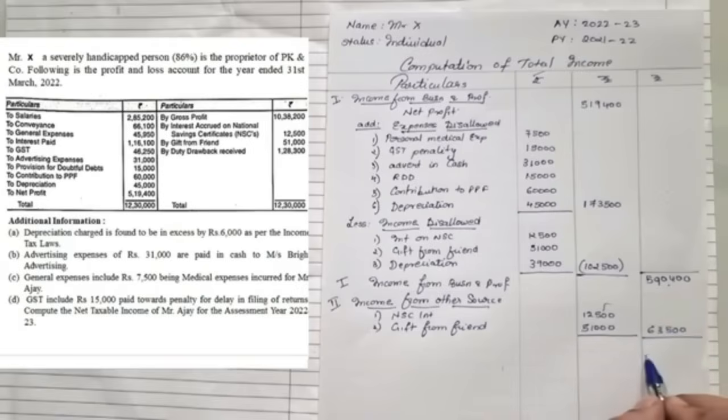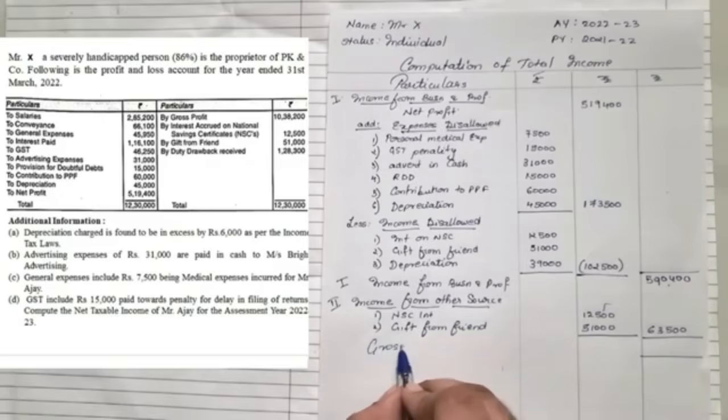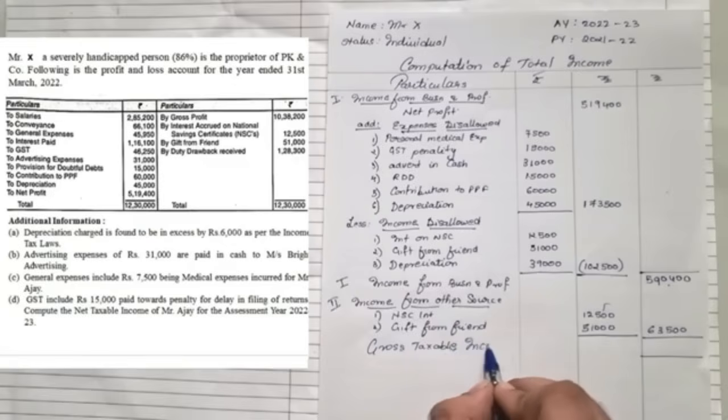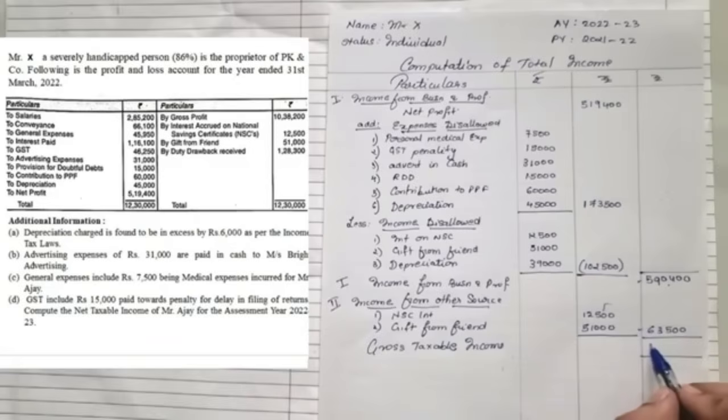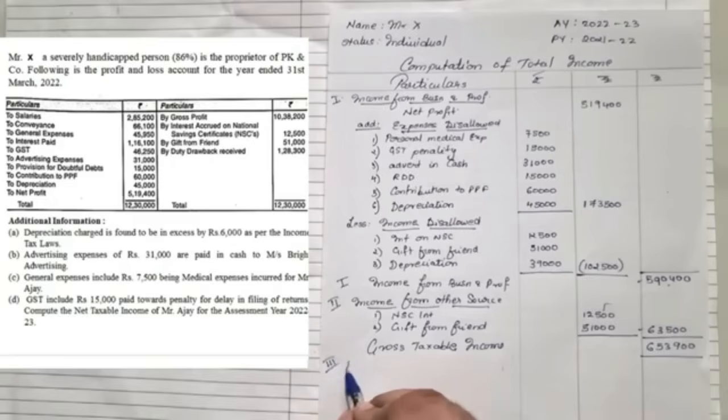When I add it up, I will get my gross taxable income, which will come to income from business and profession plus income from other source, total 6,53,900. Last step, deductions. So deduction under chapter 6A.